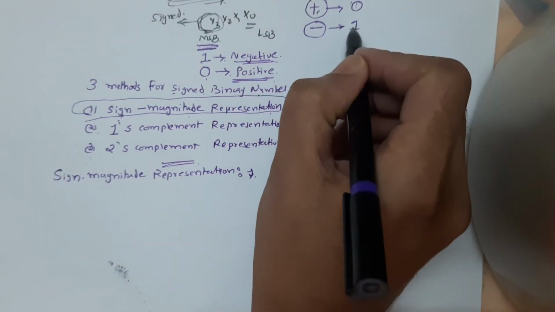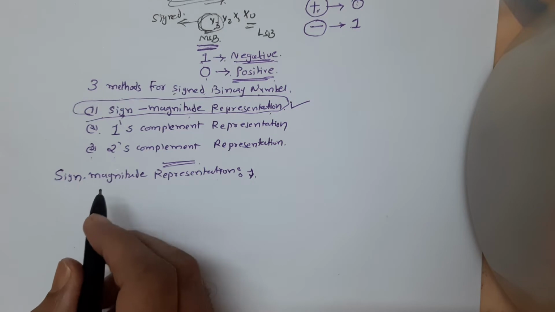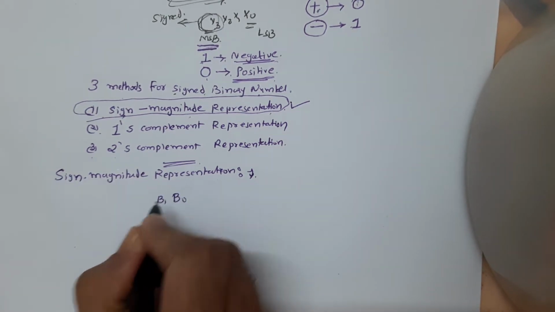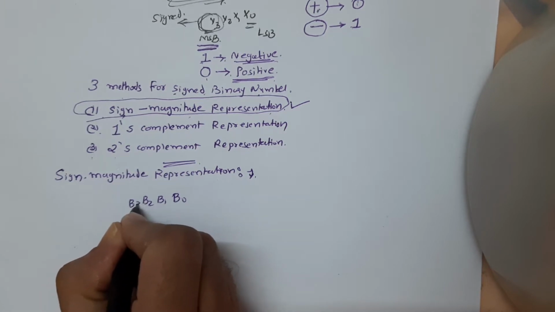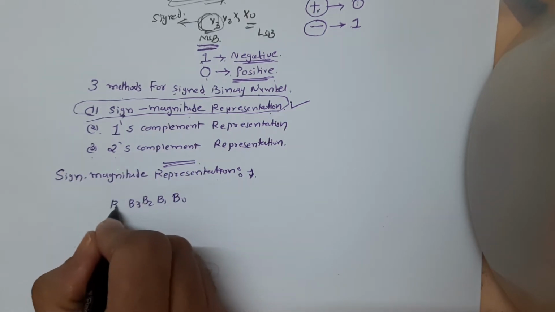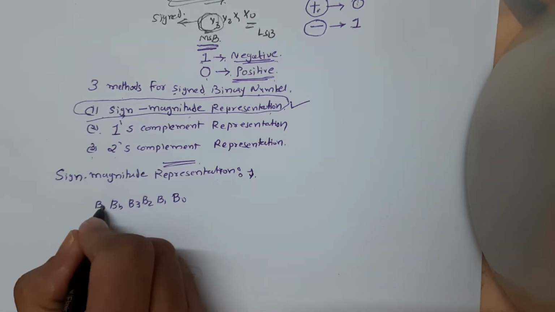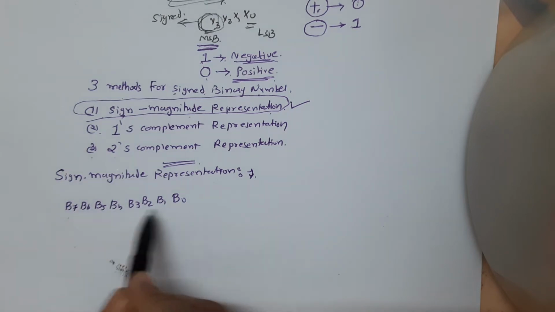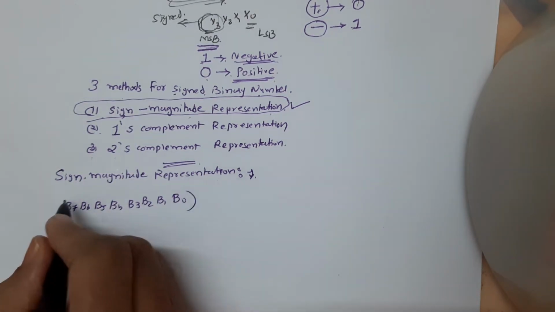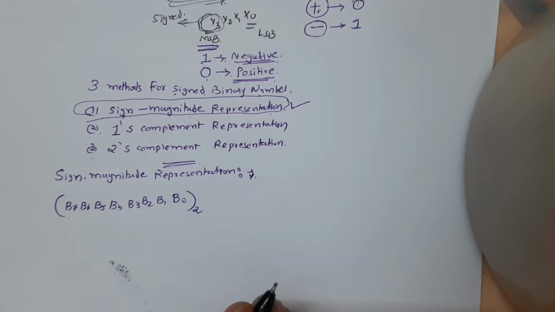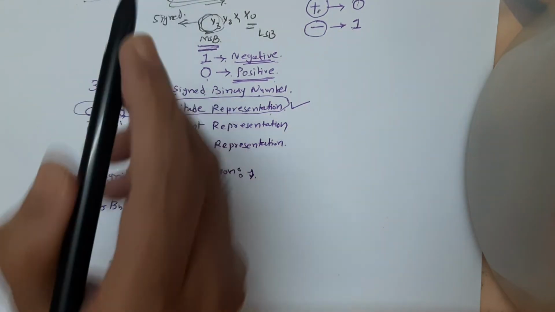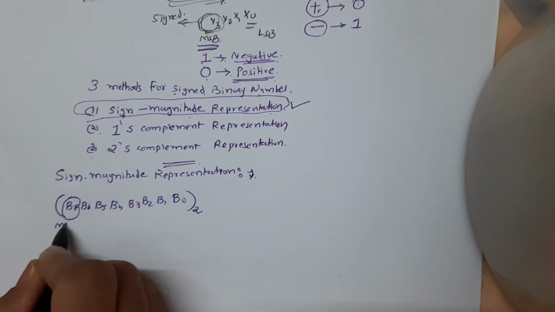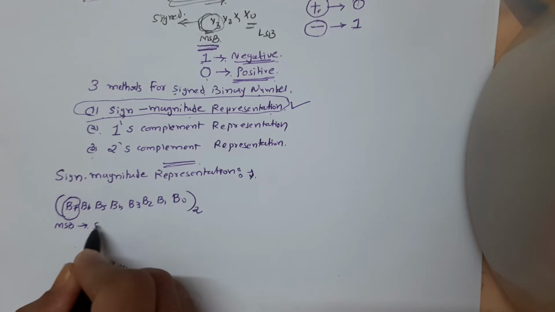Same thing, right? So here consider the binary number B0, B1, B2, B3, B4, B5, B6 and B7. See here, total 8 digit binary number. This is our simple binary number. In signed binary number, this most significant bit, that means MSB, shows the sign.